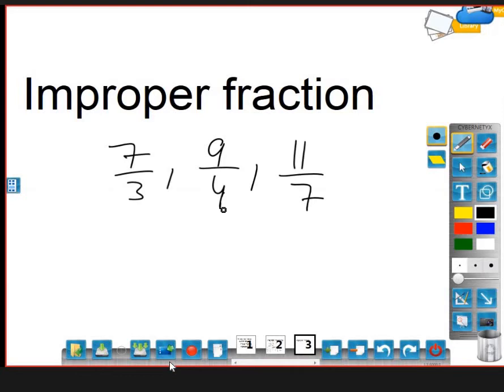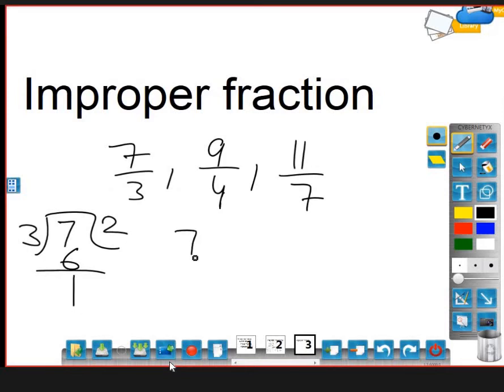Now how do we represent them? Improper fractions are always greater than 1. How do we come to know that? First we divide 7 by 3 and convert it into a mixed fraction. 3 twos are 6, what is left? 1.